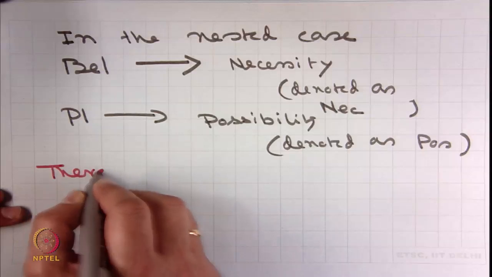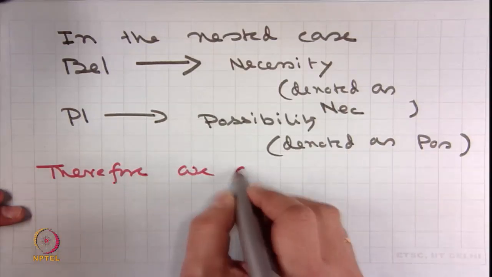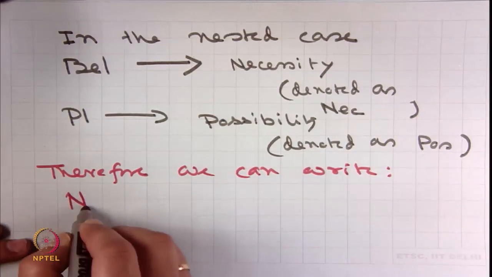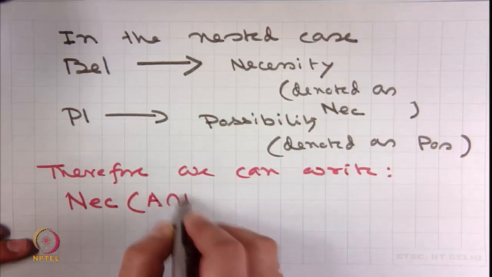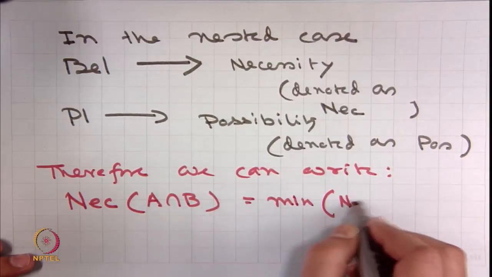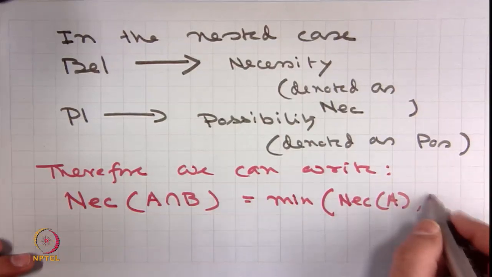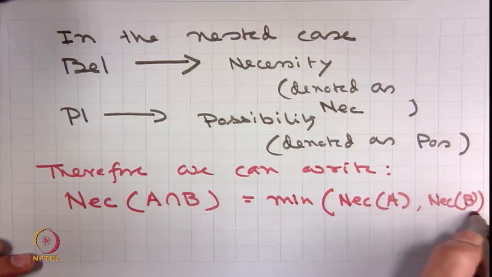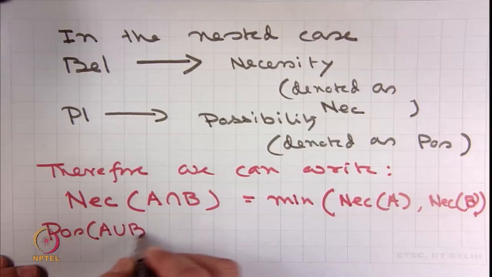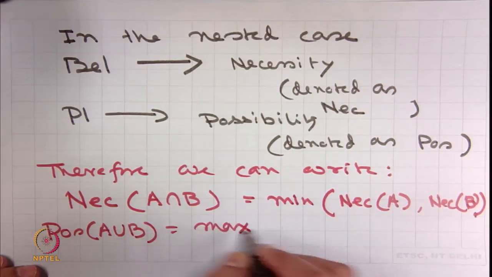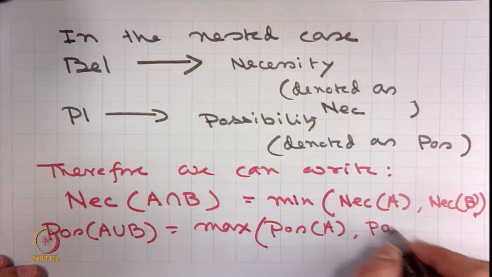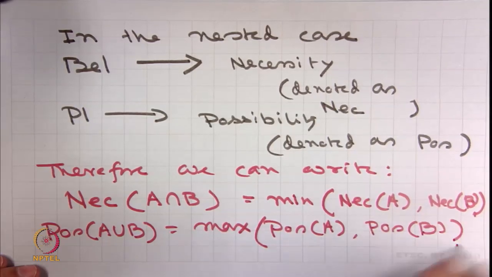Therefore, we can write necessity of A intersection B is equal to minimum of necessity of A and necessity of B, and possibility of A union B is equal to maximum of possibility of A, possibility of B.